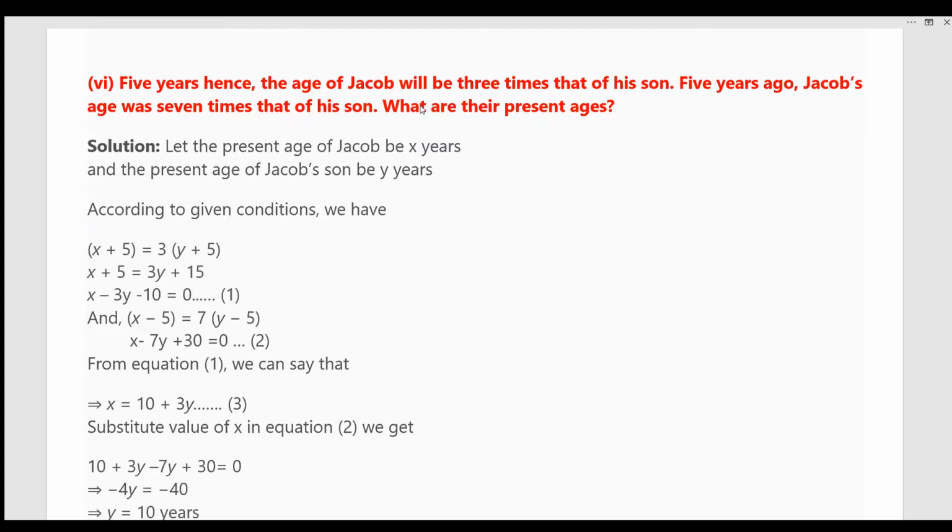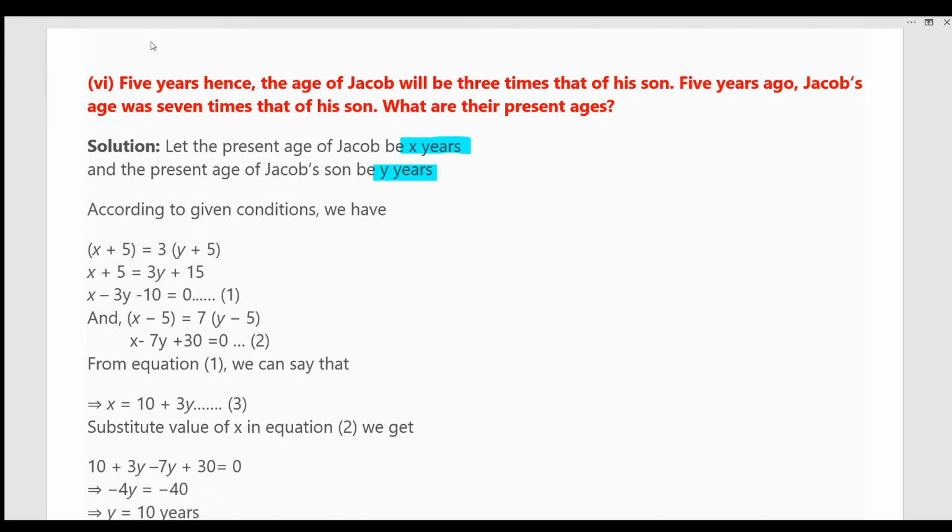Now here we have to find present age of Jacob and present age of his son. So we will take first one as x and the second value as y. So let the present age of Jacob be x years and the present age of Jacob's son be y years.